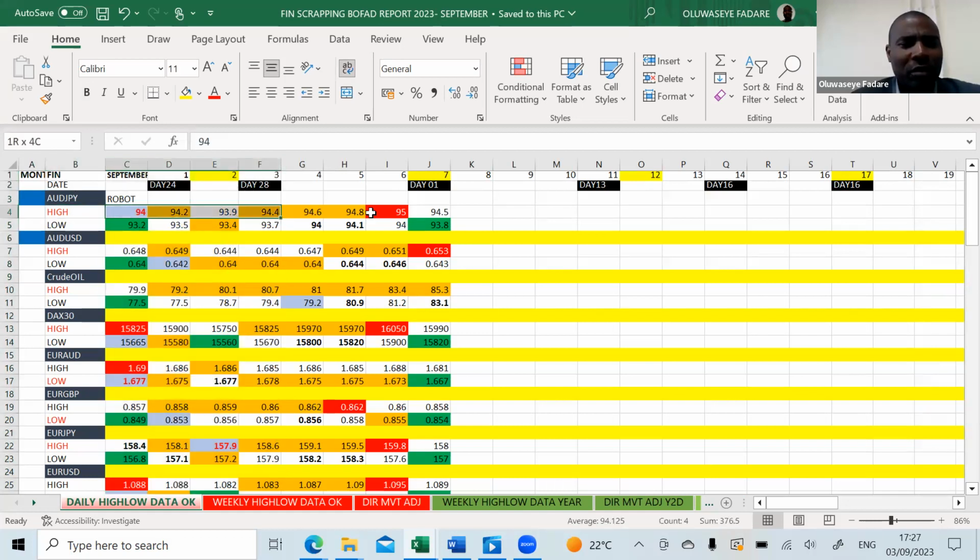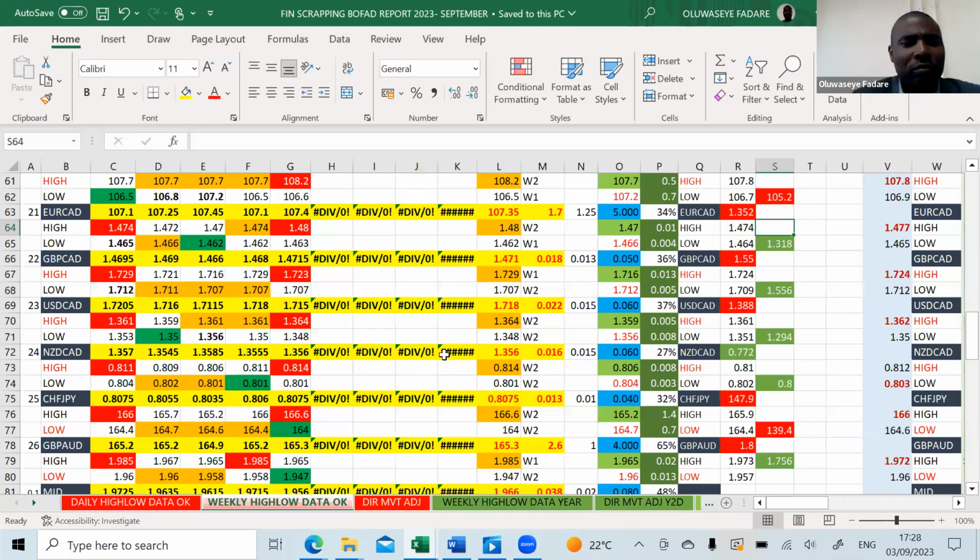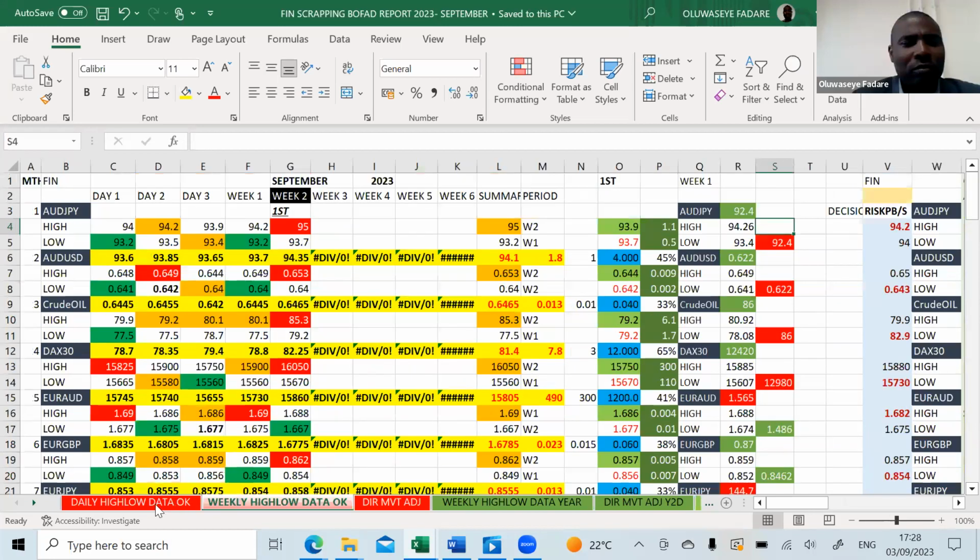We have the daily information of high and low based on the information that we want to gather. All we need to know is that the price at the high is higher than the price at the low. Those pieces of information are gotten on a daily basis, and they are summarized weekly, as you can see here.